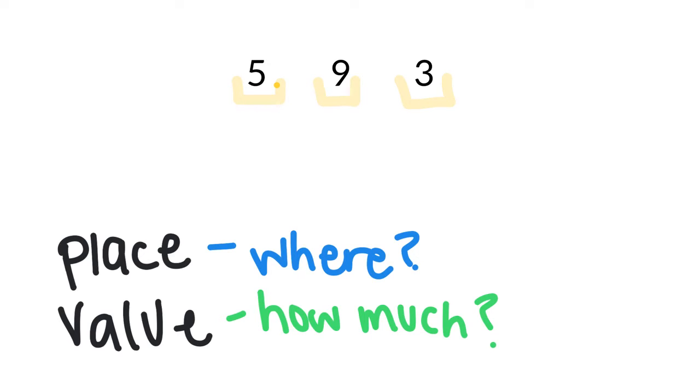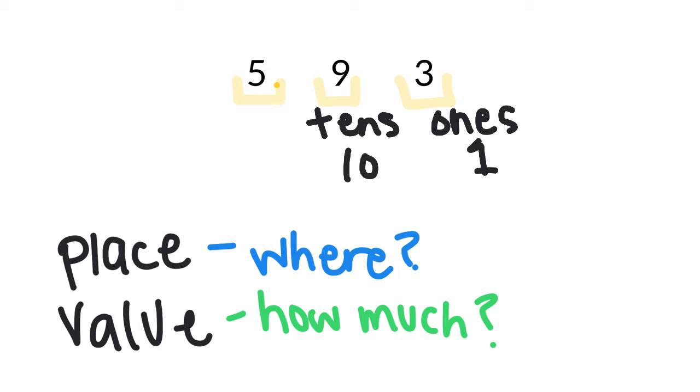Each of these numbers has a different place value, depending on where they are and how much they're worth. If you think back to your previous years of studying math, you probably remember that this is the ones place, this is the tens place, right? And then over here we have the hundreds place.